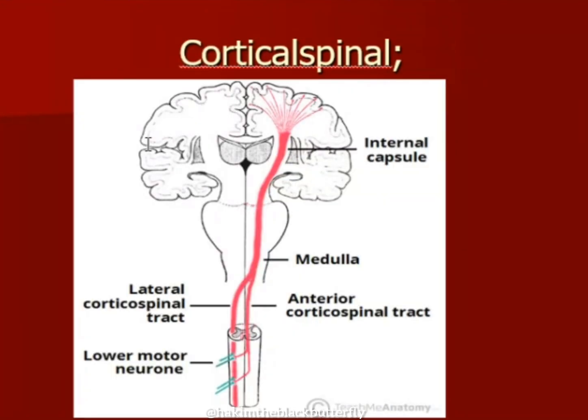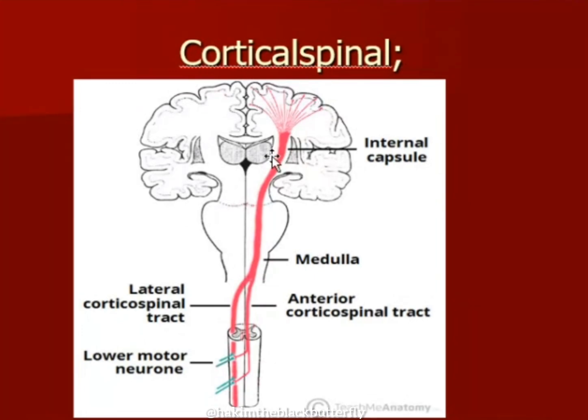So what are we seeing here? We are seeing the corticospinal tract. These axons are picking motor impulses from the motor areas of the cerebral cortex, and they are transmitting them down to the spinal cord. So these are the upper motor neurons of the corticospinal tract. They pick motor impulses from the motor areas of the cerebral cortex.